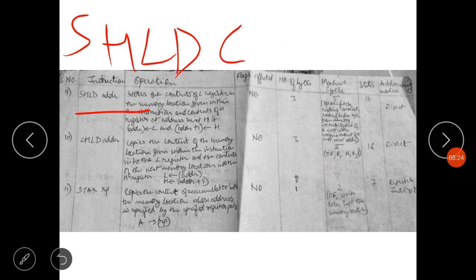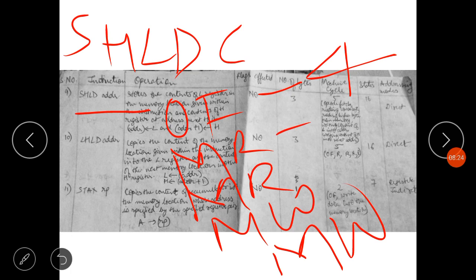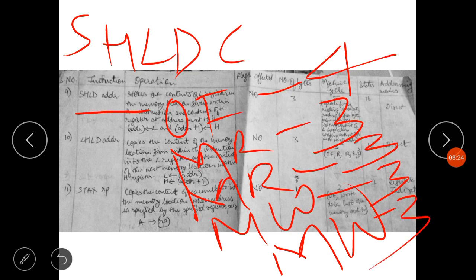The opcode fetch machine cycle has 4 T states, each memory read machine cycle has 3 T states, and each memory write machine cycle has 3 T states. So altogether how many? 16. 16 T states will be required for this instruction.